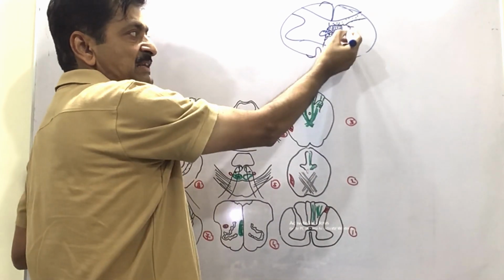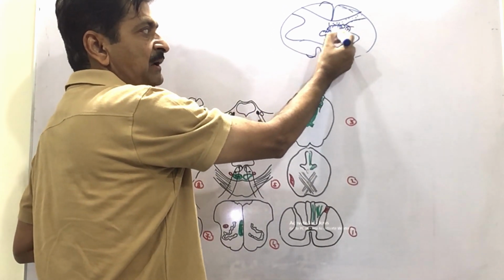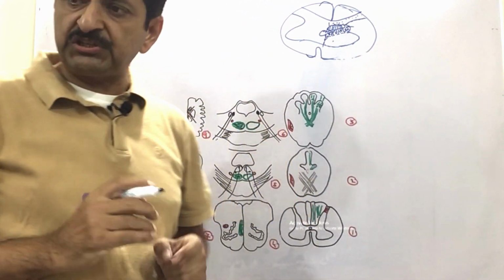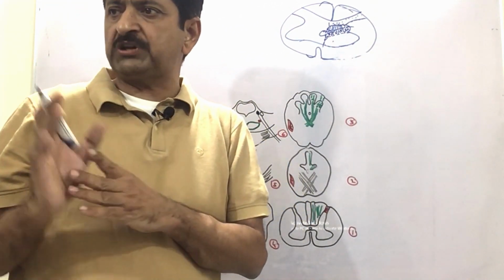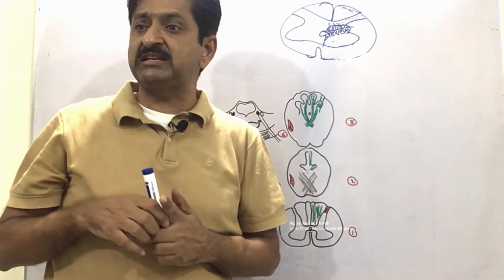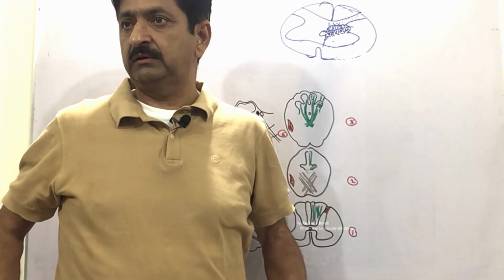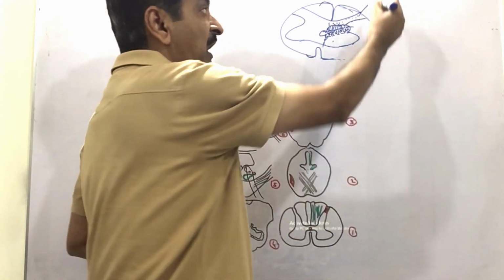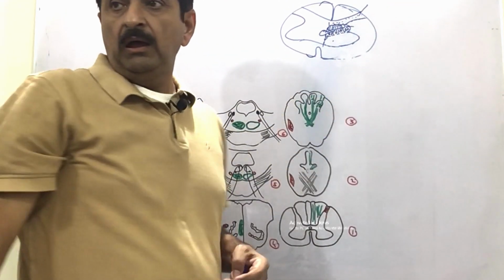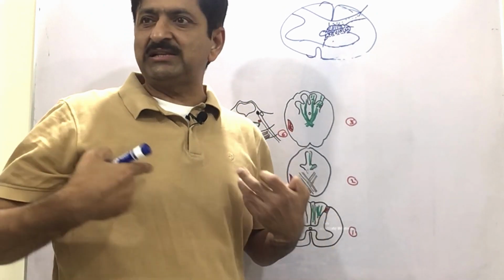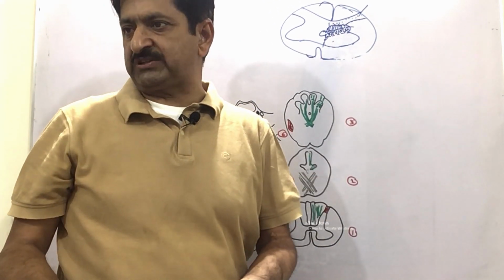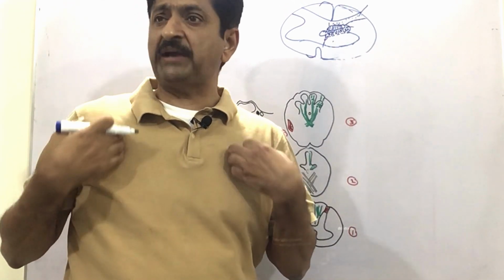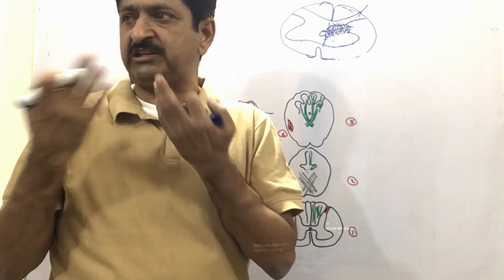Now you are watching this. In your sensory area, these three quarters which you are seeing, closer to the periphery, are composed of neurons which get signals from the surface, somatic. So you call them somatic, and you call them afferents. Because they are taking sensation, that is the general senses here obviously, because the spinal cord never takes any special sense, because no spinal nerve is connected to any special sense.